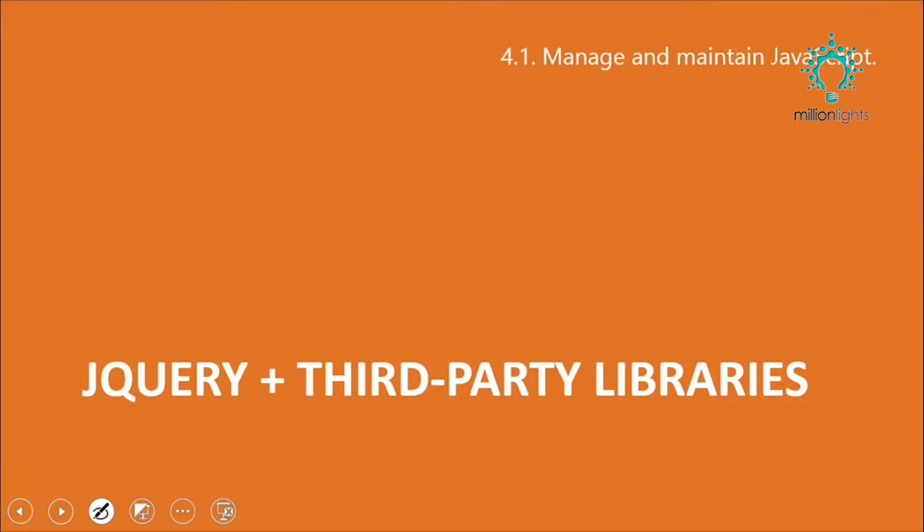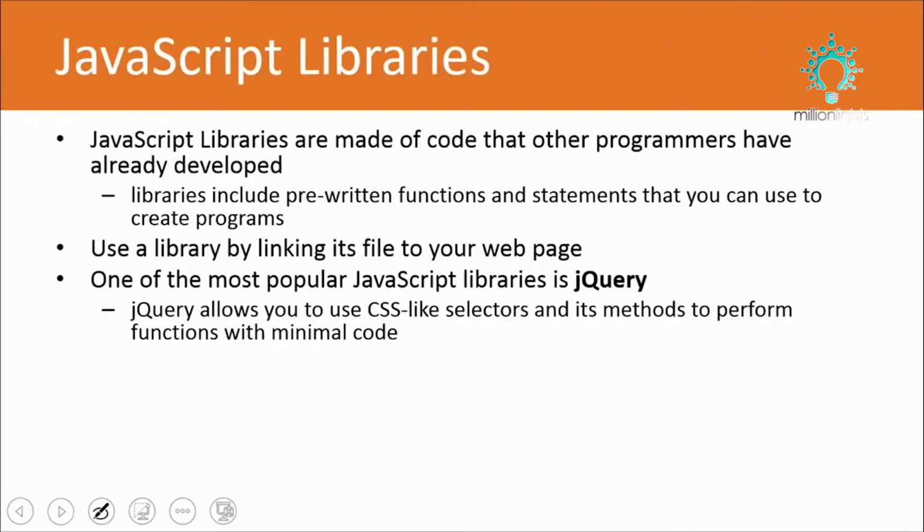All right, real quickly, JavaScript is wonderful, but it can be really challenging to use when you're just getting started. And there are other JavaScript libraries that are available that are entirely comprised of code that other programmers have already developed. And so you've got pre-written functions and statements that you can use in order to create your programs, and it can save you a lot of time and effort.